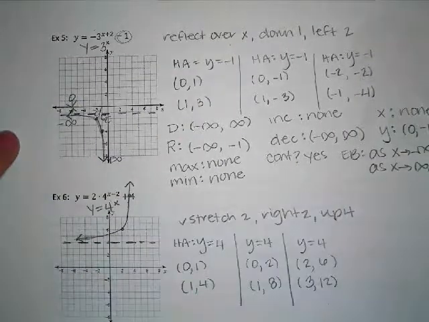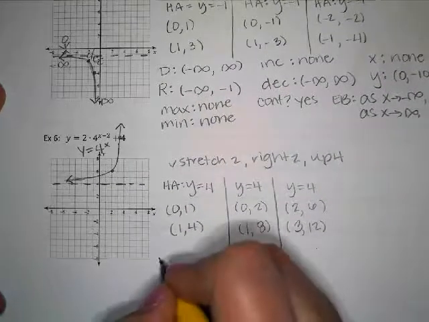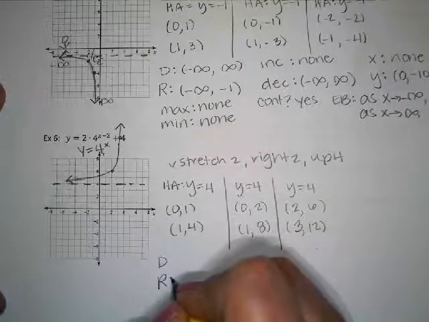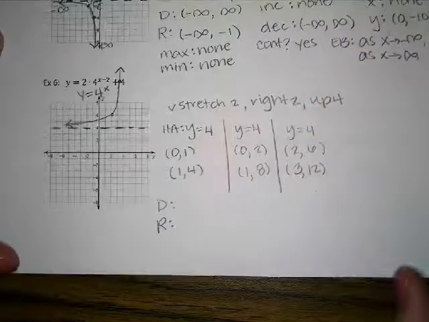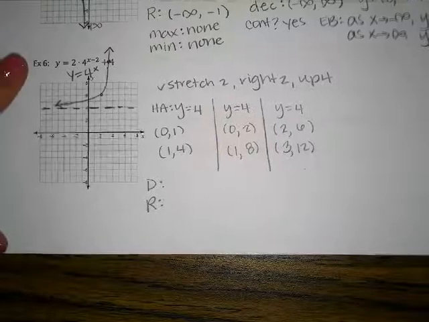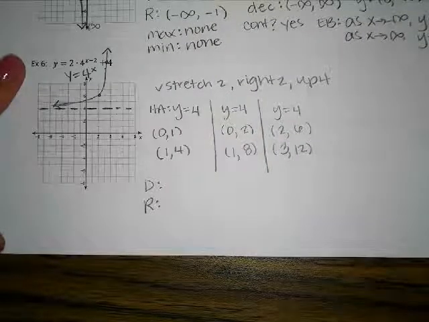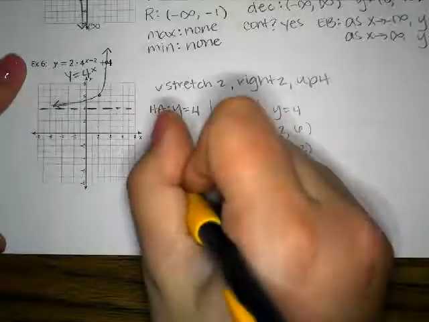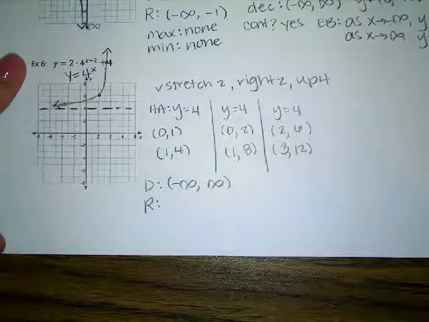So domain, range. What's the domain and range? Okay, domain, all real numbers. 4 to infinity.